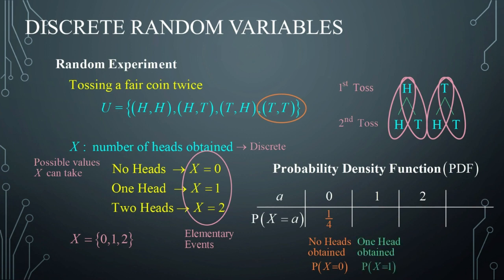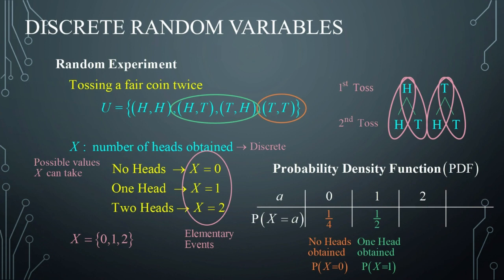The second one consists of obtaining exactly one head, with a probability of x equals 1. In our sample space, we have 2 outcomes out of 4 that have exactly one head. So the probability of x equals 1 is 2 out of 4, which reduces to a half.